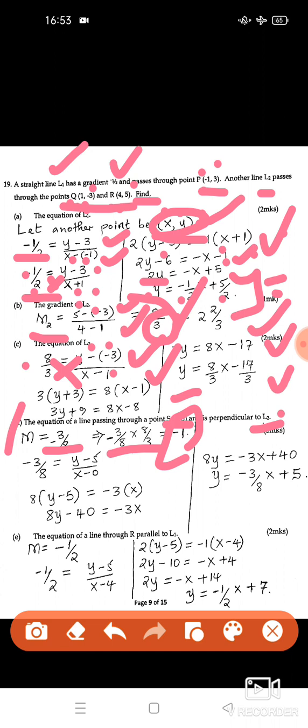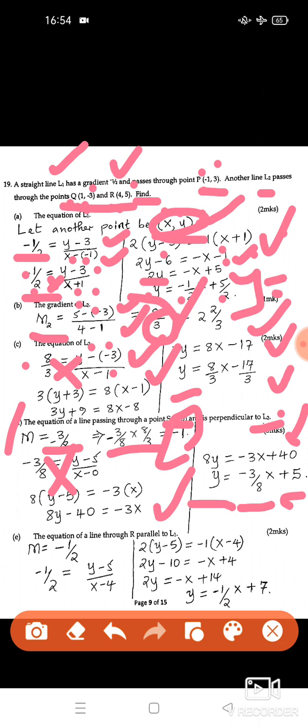So y minus 5 over x minus 0. X minus 0 just becomes x. We cross multiply again. 8 goes with y minus 5, -3 goes with x. So at this point we can divide, after rearranging here, through by 8, so that the equation becomes y equals -3 out of 8 x plus 5.